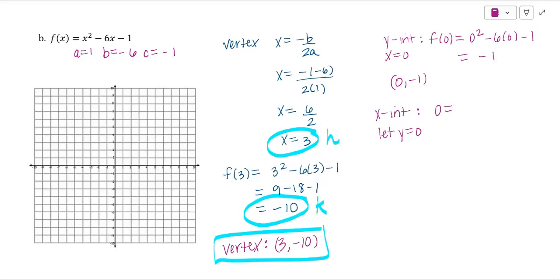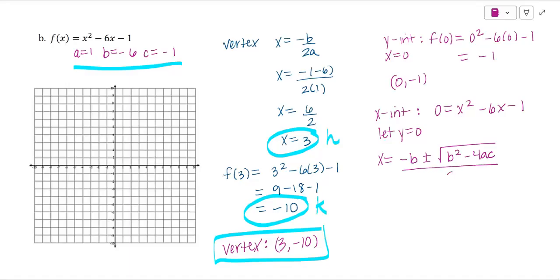And it turns out in this case that we have something that can't be factored, so we've got to use the quadratic formula. We already found a, b, and c over here. So we're going to find our x-intercepts by solving x equals negative b plus or minus the square root of b squared minus 4 times a times c all over 2 times a.